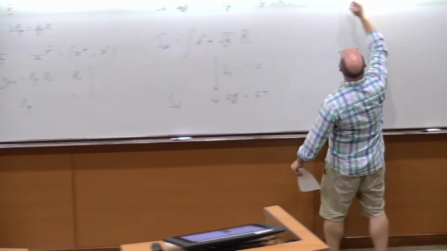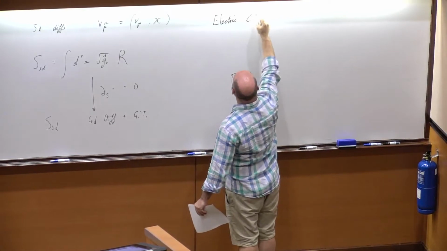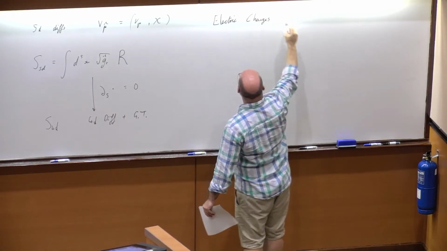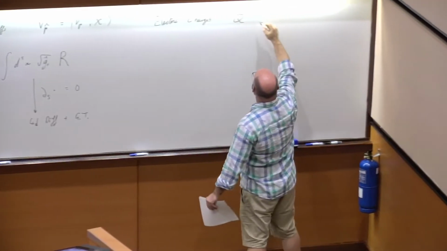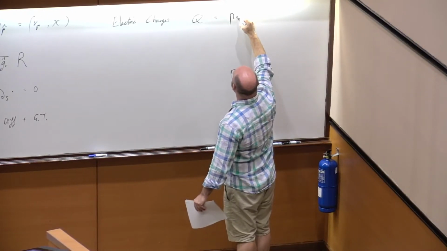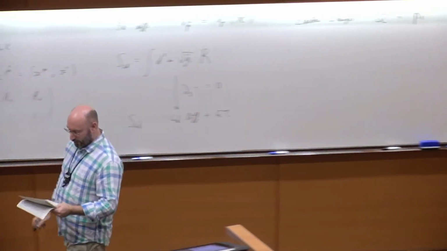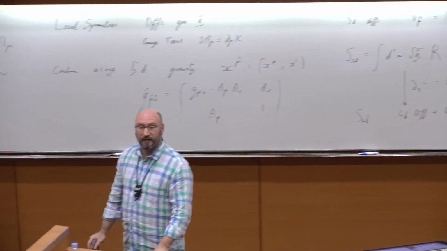So the electric charges, Q, you can see, are going to be given by P5, the momentum in the fifth direction. So there's two ways to see this.